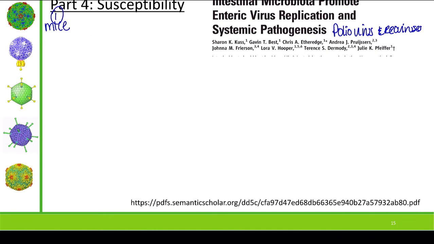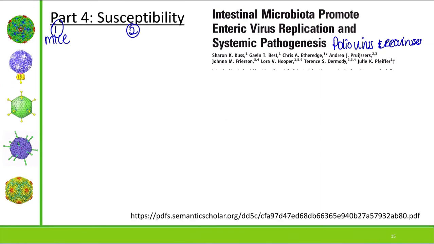And they had two groups of mice. So they had mice that were not treated, and then they had mice treated with antibiotics. So the mice that were not treated were the mice that had their normal microbiome. The mice treated with antibiotics, when we take antibiotics, it not only kills the bad bacteria, it kills the good bacteria too.